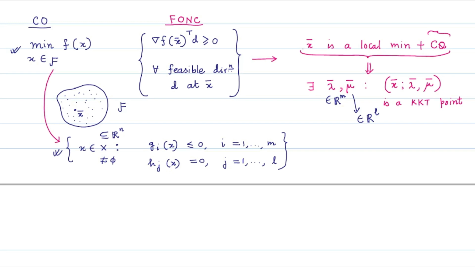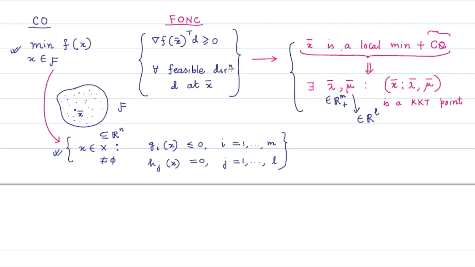We have seen that if x bar is a local minimum point of this constrained optimization problem and a constraint qualification is satisfied, then there must exist lambda bar with all of its components non-negative, and there exists mu bar such that this x bar, lambda bar, mu bar will satisfy all four conditions in the KKT optimality conditions. So this is your first order necessary optimality condition.